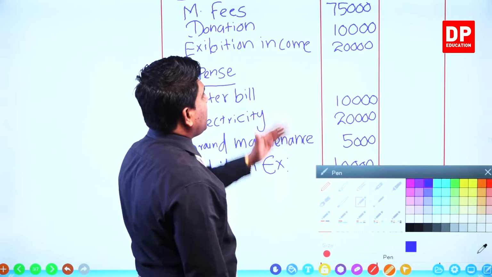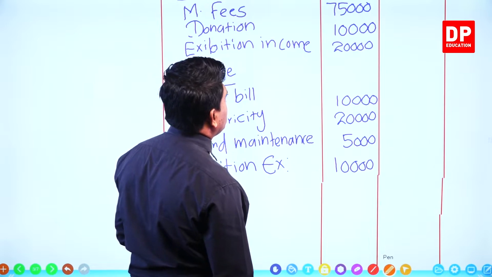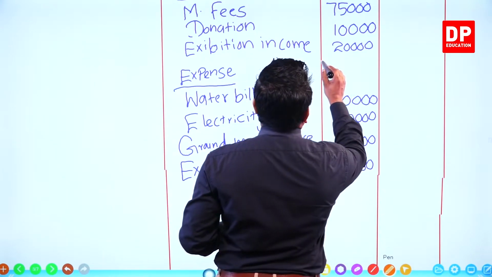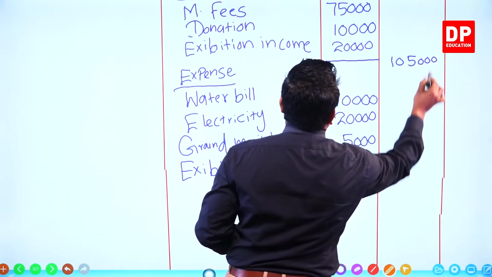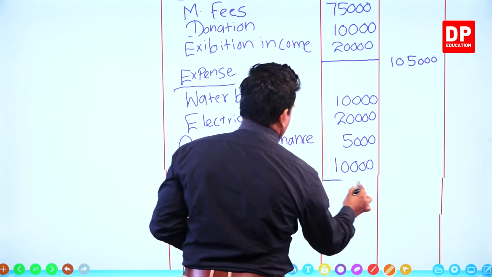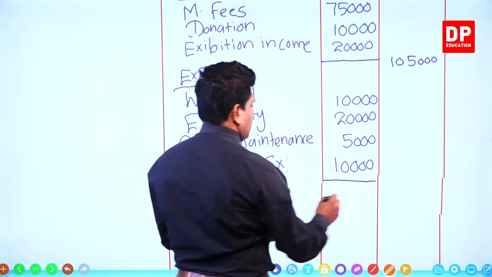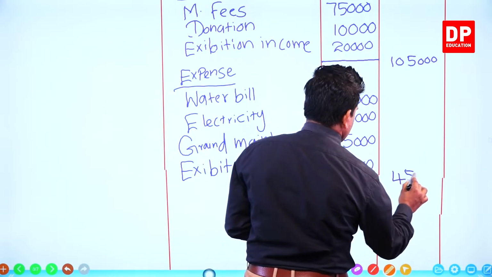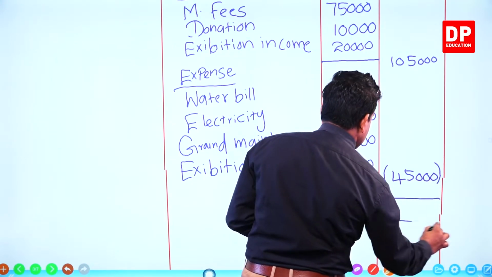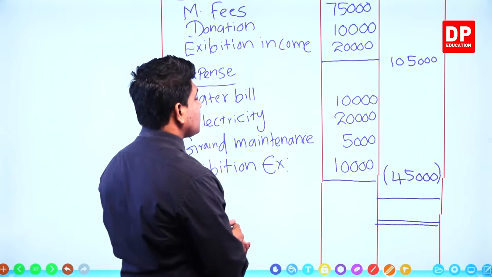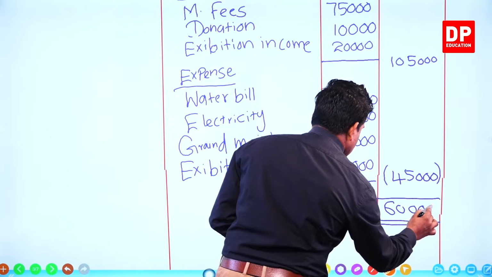Here 75,000 plus 10,000 plus 20,000, how much? 105,000. 105,000 is your total income. Down you can see the expenses, how much? 45,000. You write here 45,000 within brackets. Now you can see the total, how much? 60,000. Check whether it is correct or wrong.